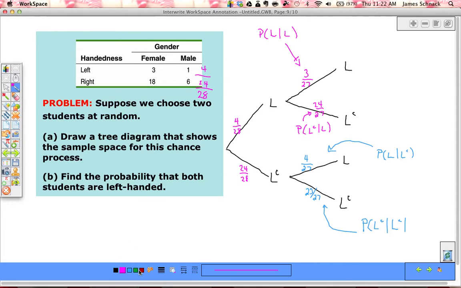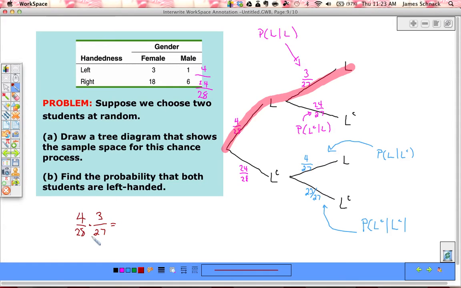So what is the probability of getting 2 lefties? We follow the branches for left-left. We go that way. That branch is considered to be a success for us. So we're going to do 4 out of 28 times 3 out of 27.